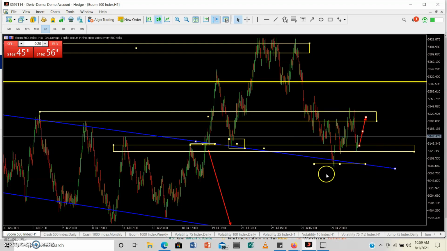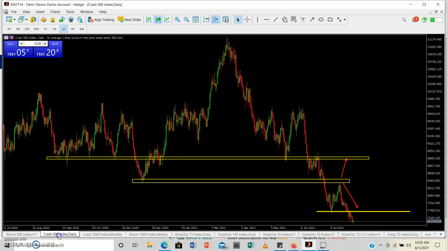Why? Because I've seen that we have already moved away from this channel, and price has already been failing to break this support zone, and currently we are in a bullish momentum, so we should continue in that bullish momentum. Okay, I hope you understood this. Let's move on to Crash 500 and see what we have.